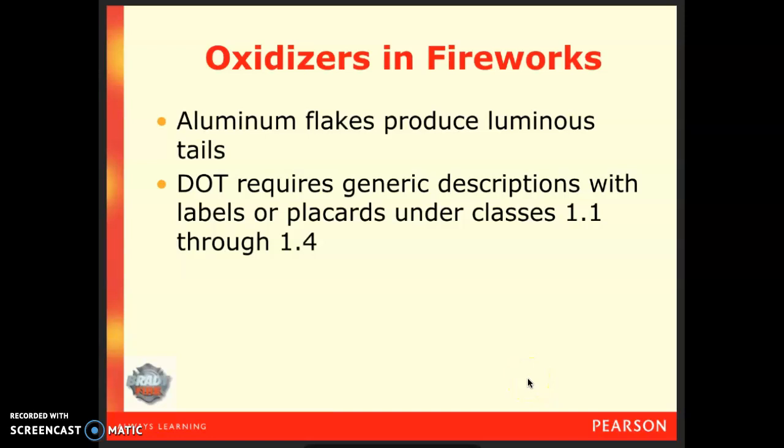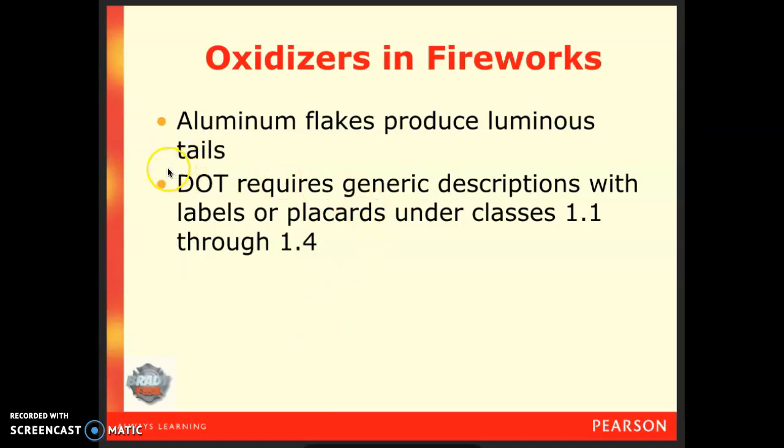When a firework gets shot up, you can see it as it goes up. That's usually aluminum that is responsible for that. The gradual burning of those aluminum flakes as the firework goes up into the atmosphere to explode gives that luminous tail effect.